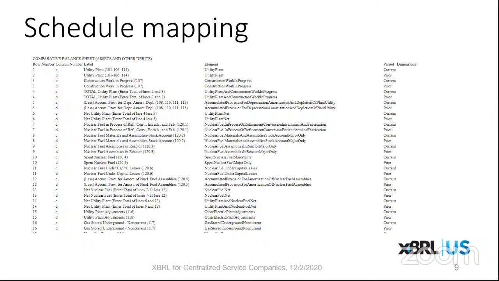So if you know what data you had in a given cell, this tells you the equivalent XBRL element and the equivalent period and dimension you should use. The dimension's not on here, but this mapping table includes the dimensions you should use too, which we'll talk about in a minute. Go to the next slide, Michelle.